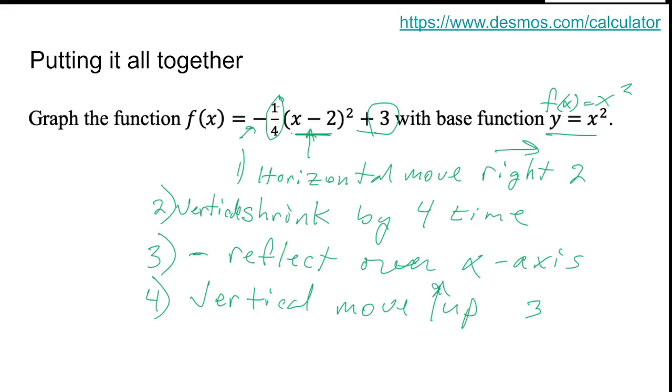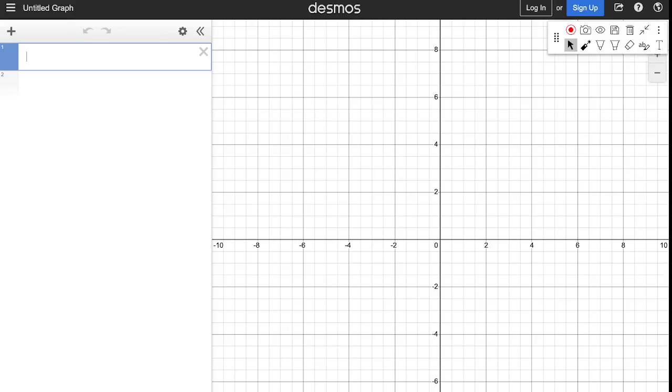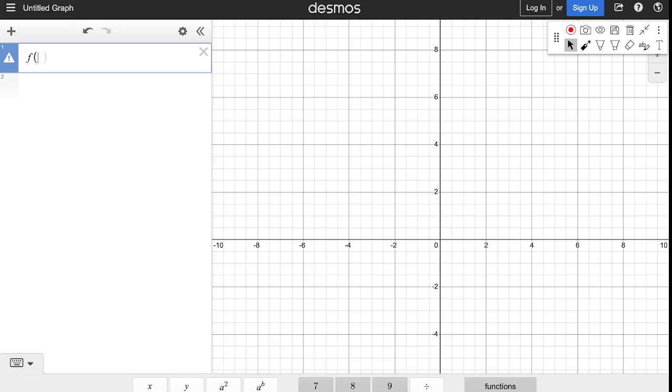So let's see if we can do each of those moves. We'll start with x squared, subtract 2 on the inside, we'll multiply by 1/4 and see what happens, and then we'll add the negative, and then we'll add 3, and see if all of these moves work out as we anticipated. So let's go ahead and put f of x, and we'll just make it equal to the base function, which is x squared.